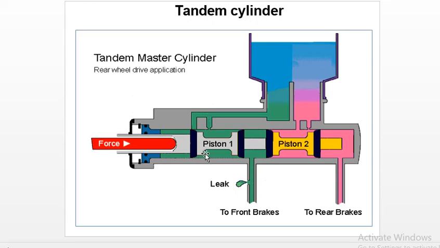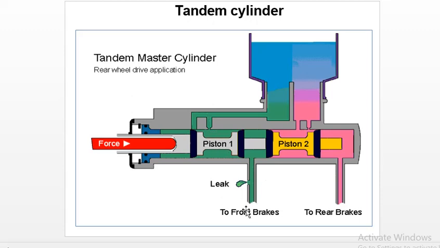So force is provided from this side, and the area exposed to the oil is this one and this one, and for piston 2 the area exposed is this one and this one. Due to that, we can handle a larger capacity in that particular application, and the tandem or master cylinder can be used.